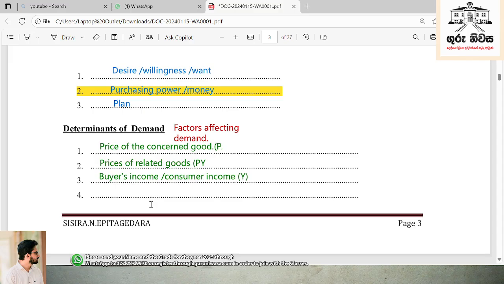Whatever business you do, remember people should have money, right? They need to have an income. Otherwise, how to buy? If people don't have enough or a proper income source, then your product won't be demanded. Did you get the point?